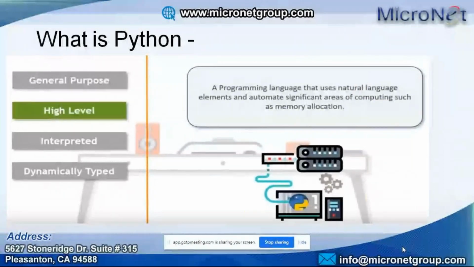If you are from a programming background, I hope you remember in C language you have malloc, calloc, and functions for memory allocation and deallocation. Whereas in Java it is not available, and Python is also built from the same perspective. So it is more convenient, and that's the reason we can say it is a high level language.